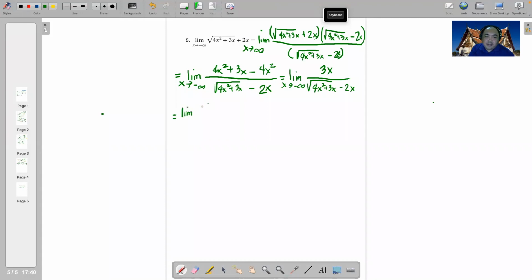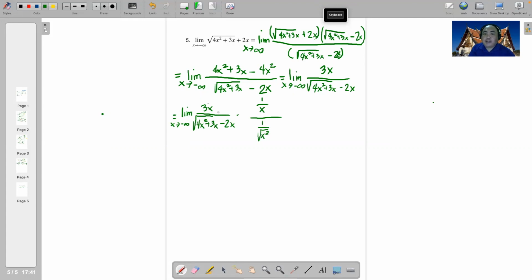First we rewrite 3x divided by the square root of 4x squared plus 3x minus 2x, times, as x approaches negative infinity, 1 all over x divided by 1 all over square root x squared.